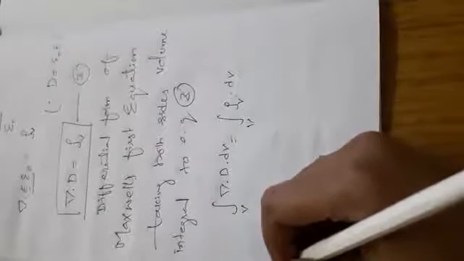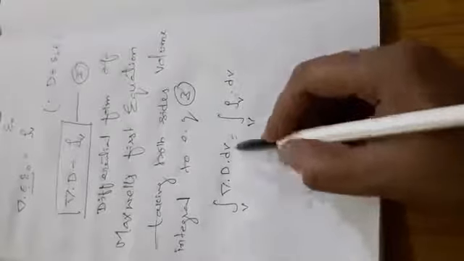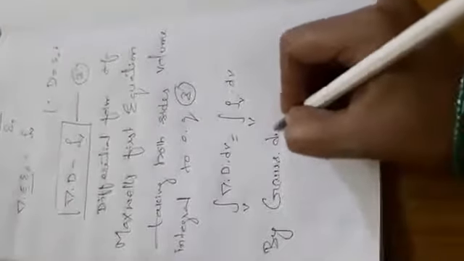We know that by the Gauss divergence theorem we can convert this divergence volume integral into a surface integral.